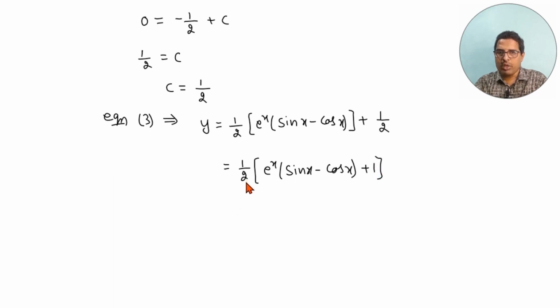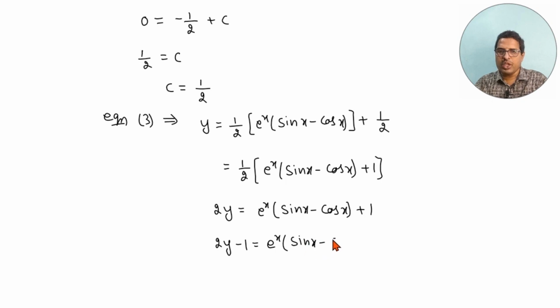When you cross multiply this 2 to the other side, it becomes 2y is equal to what is left here, e to the power x into sin x minus cos x plus 1. Or you can shift this plus 1 to the other side, it becomes 2y minus 1 is equal to e to the power x into sin x minus cos x.